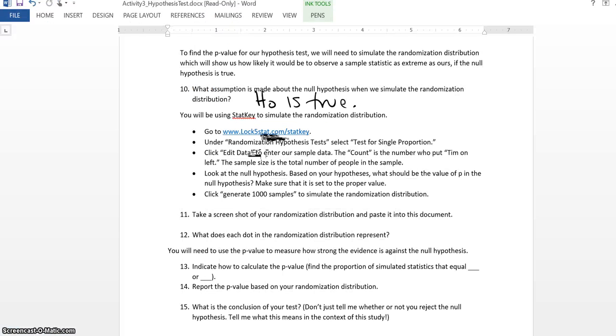Now we're going to need to find the p-value to measure how strong the evidence is against the null hypothesis. The p-value is the chance of seeing a sample statistic as extreme as ours or more extreme if the null hypothesis is true.